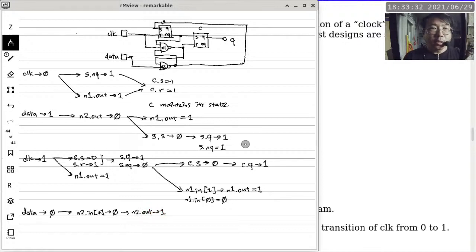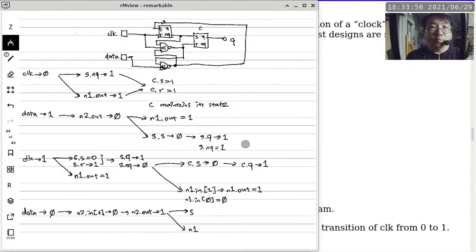Because N2.out is becoming a 1, that can change two things. That can change N1. It can also change the SR Latch S. So now we branch it out: the component S can be changed, and the component N1 can also be changed.